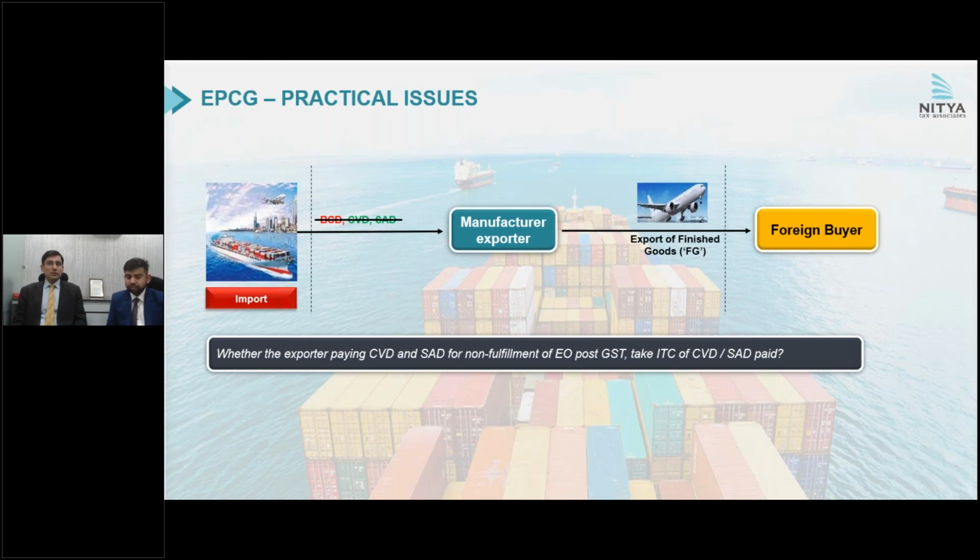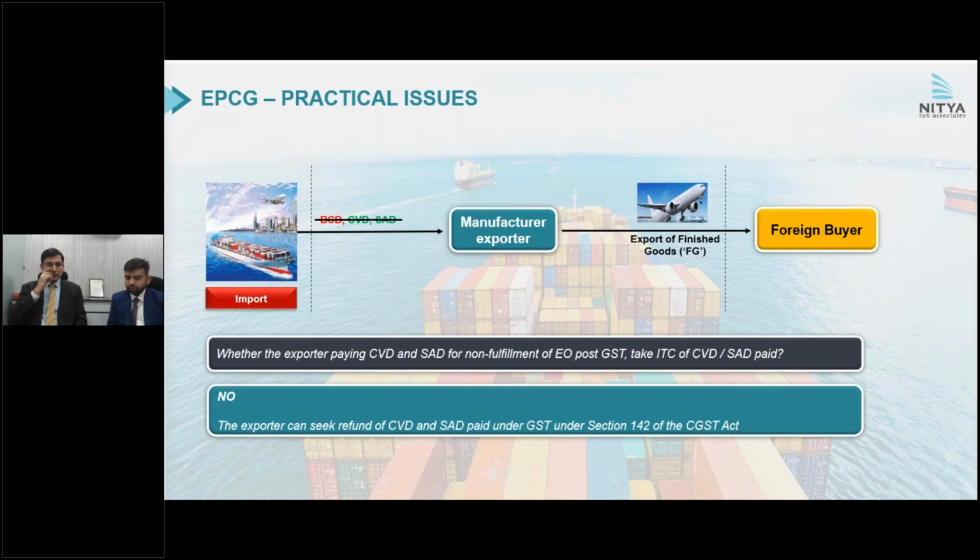So the question is whether the person is eligible to take credit of the same or not. The answer is he cannot take the credit of the same, but he can go for the refund under this GST for the duties paid in the GST regime.